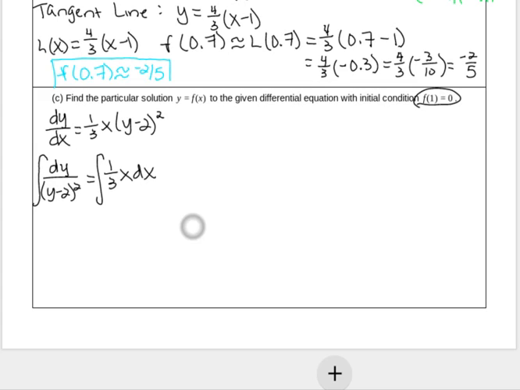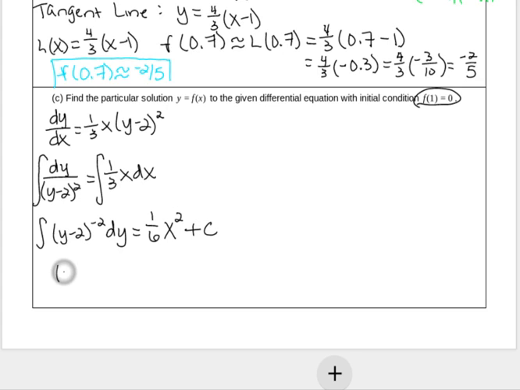And we're going to take the antiderivative. If it helps, you can rewrite this as (y minus 2) to the negative second dy, because that'll help us take that antiderivative. On the right side, we're going to add 1 to the exponent, so that's x squared. Then we need a 1/2 in front, so 1/2 times 1/3 is 1/6.